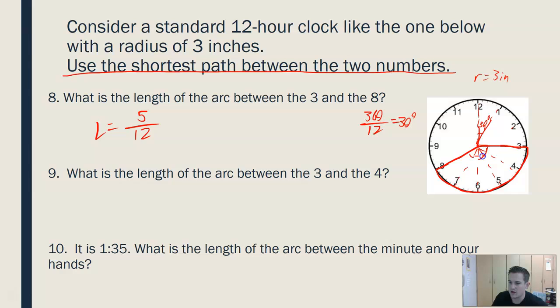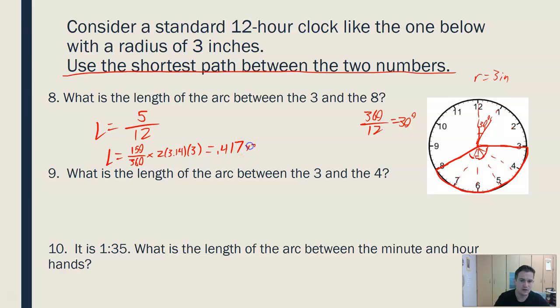Then 5 of those slices would be 5 times 30, which is 150 degrees. So my arc length would be 150 divided by 360 times 2 pi r, or the radius, which is 3.